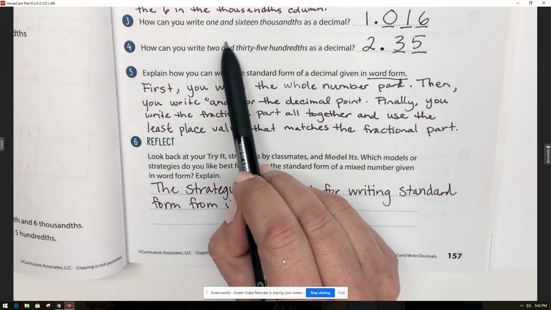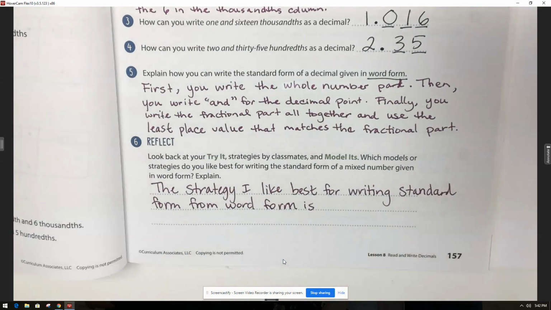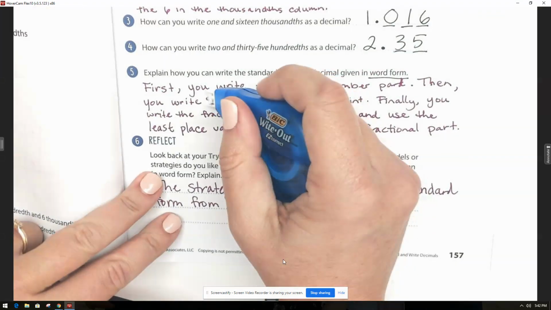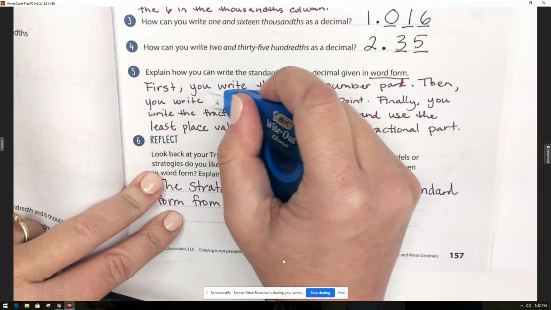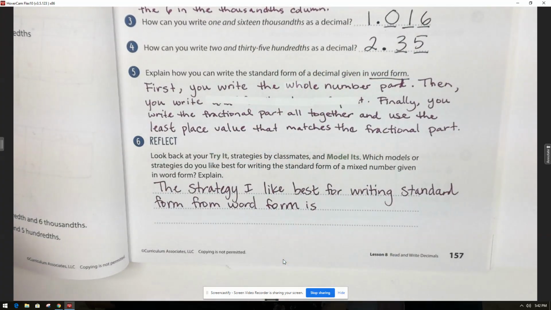Then you'll write a decimal point for and. Let me fix that. I'm glad I caught that.